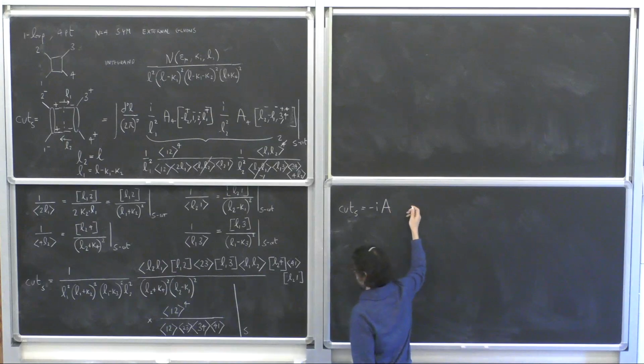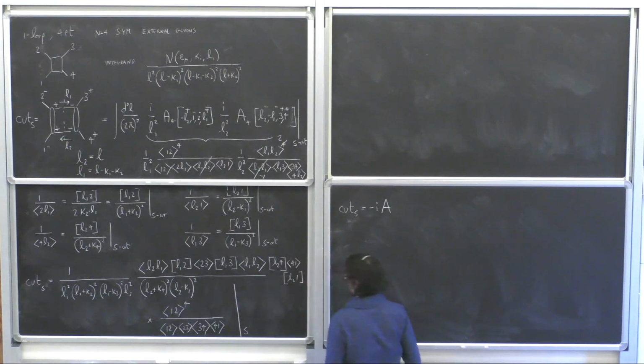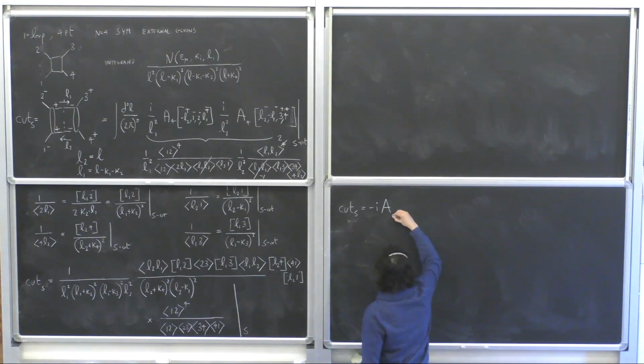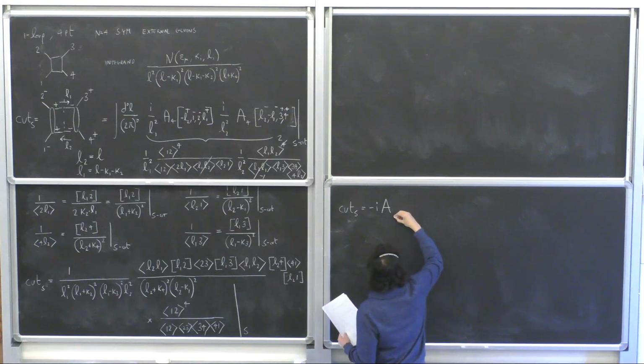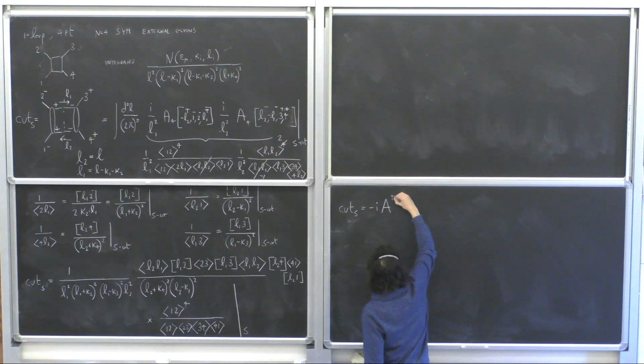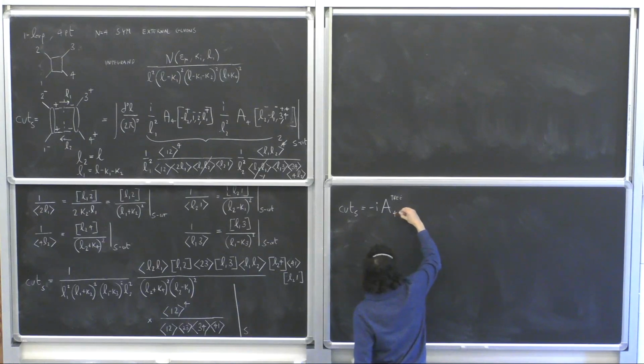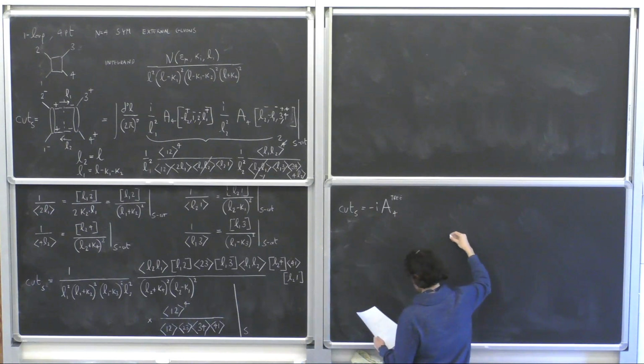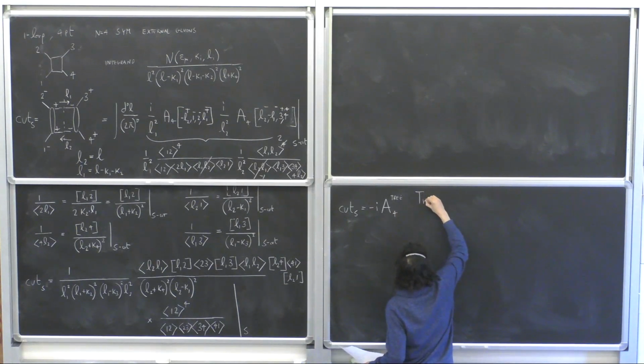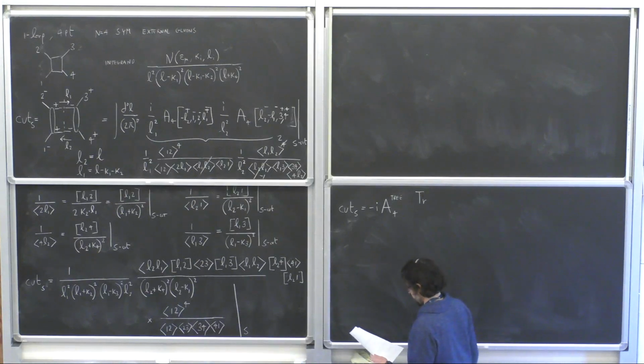If you put a factor of i in the MHV amplitude, then you have to remember about this. So this would be the 3 amplitude, and then this would be proportional to what is essentially a trace.